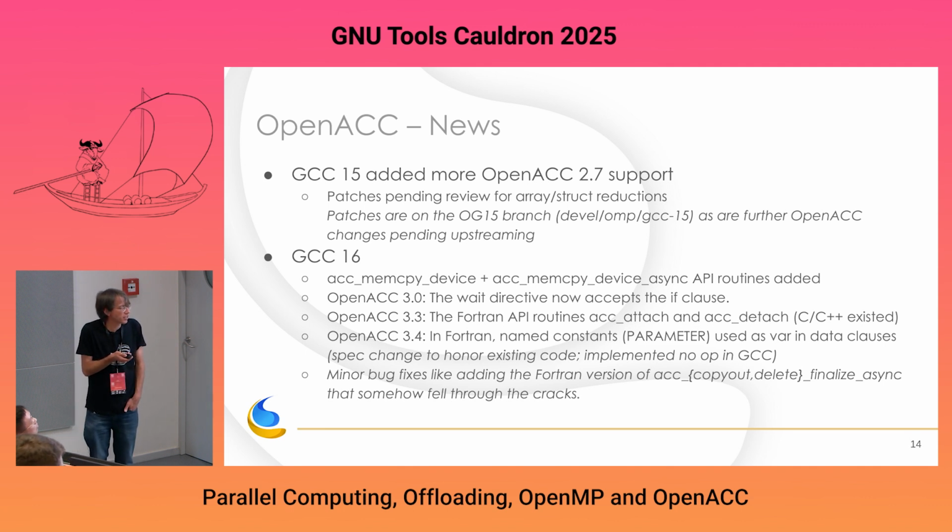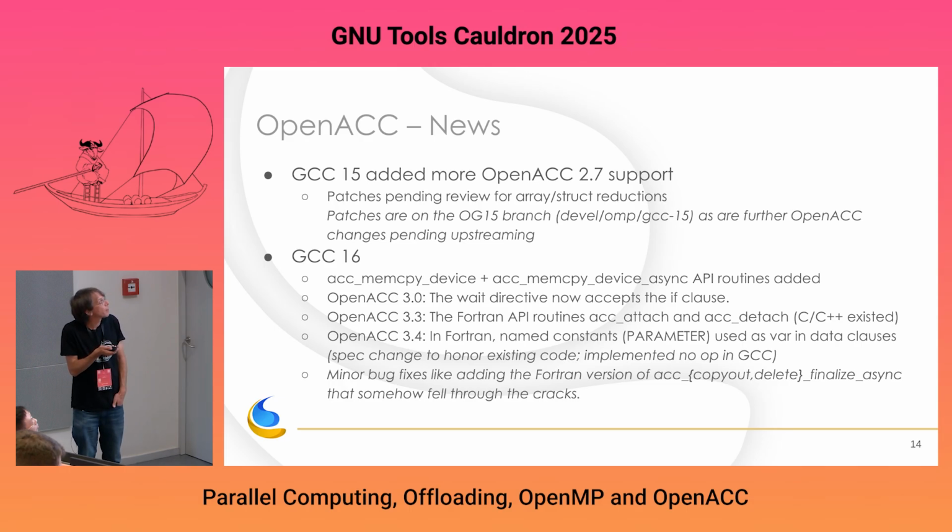For GCC 16, a bit motivated by a couple of real-world applications, a couple of things were added. acc_memcpy_device was, for some reason, long outstanding. Then a couple of OpenACC 3.x features.